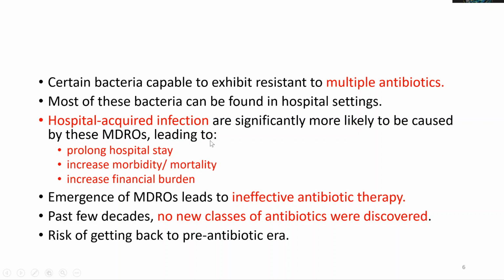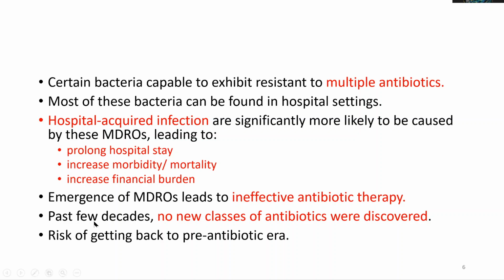The direct effect is that it will prolong the hospital stay of the patient. It will lead to an increase in morbidity and mortality and increase the cost of managing the patient. And in the end, you will scratch your head about what kind of antibiotic you want to use to treat the patient, because if you treat with this kind of antibiotic, the result can be resistant. End up, you don't have any other option.